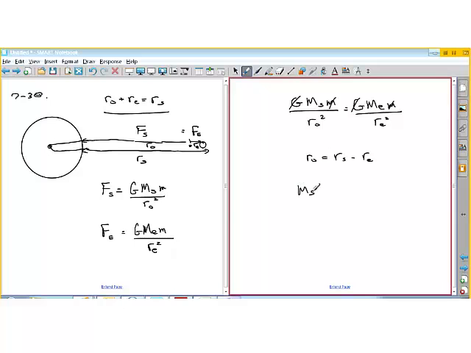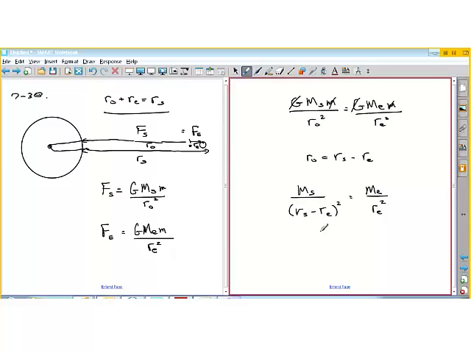So we get the mass of the Sun. Instead of this distance, we take the total distance, subtract r sub e. So we have the radius of the Sun minus the radius of the Earth, square that, and that's equal to the mass of the Earth divided by the distance from the Earth to the object squared.